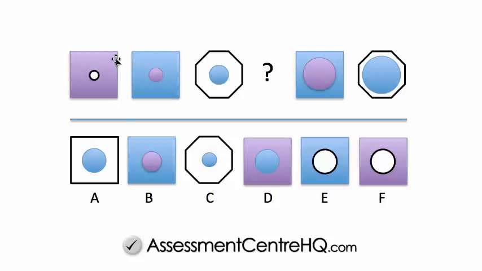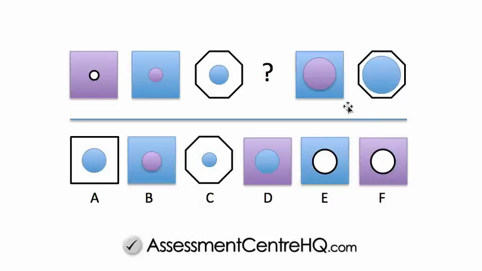Next up, we need to look at the outer shape. Sorry, we want to look at the shape of the outer shape. It's a square, square, octagon, square, square, octagon. So we know it's a square that we're looking for because that will complete that sequence. If we look down at the bottom, both of our two options that we know could be the answer are squares.